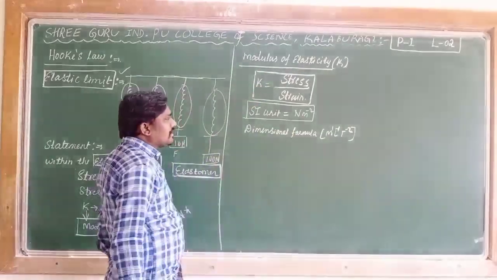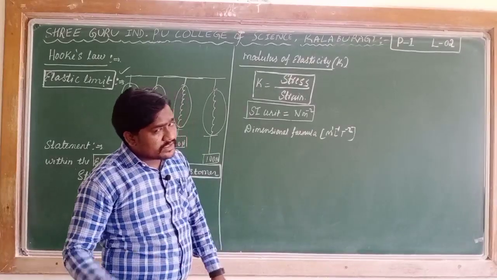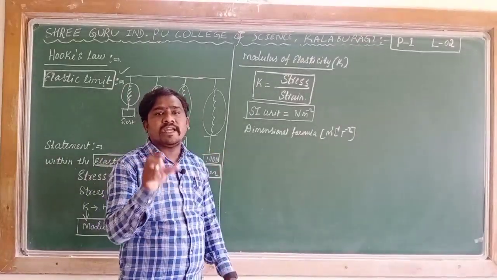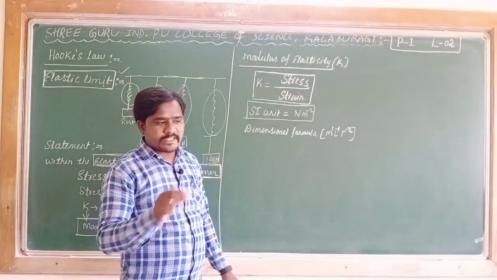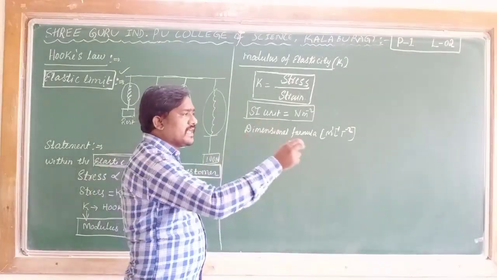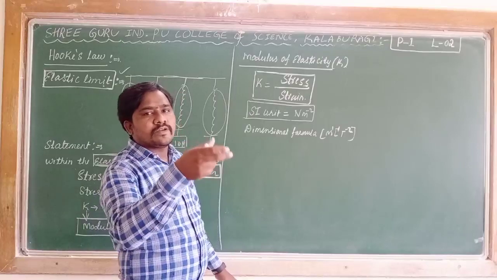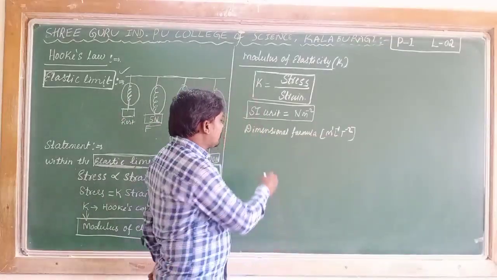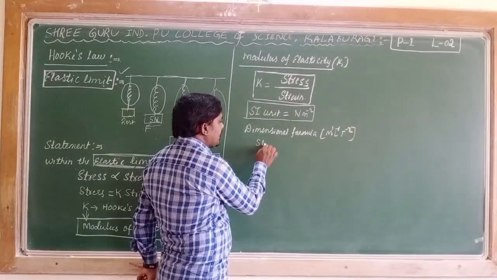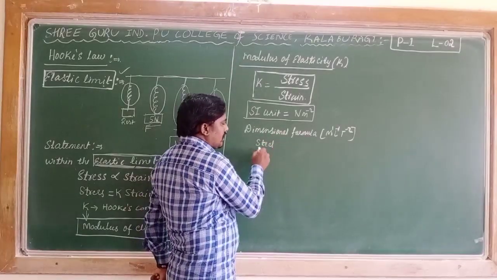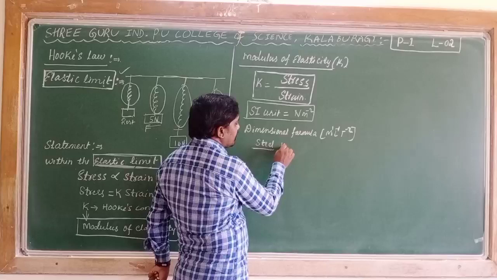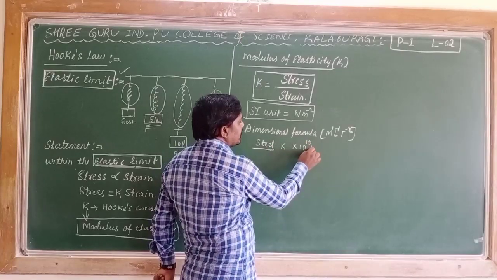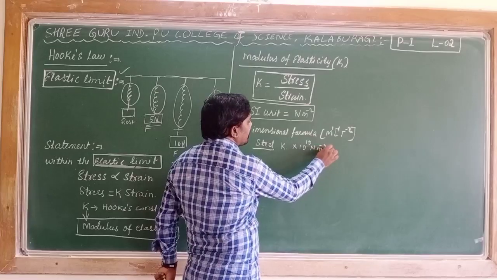The modulus of elasticity is fixed for different materials. For steel, we are considering the modulus of elasticity as approximately 10 to the power of 10 Newton per meter square.